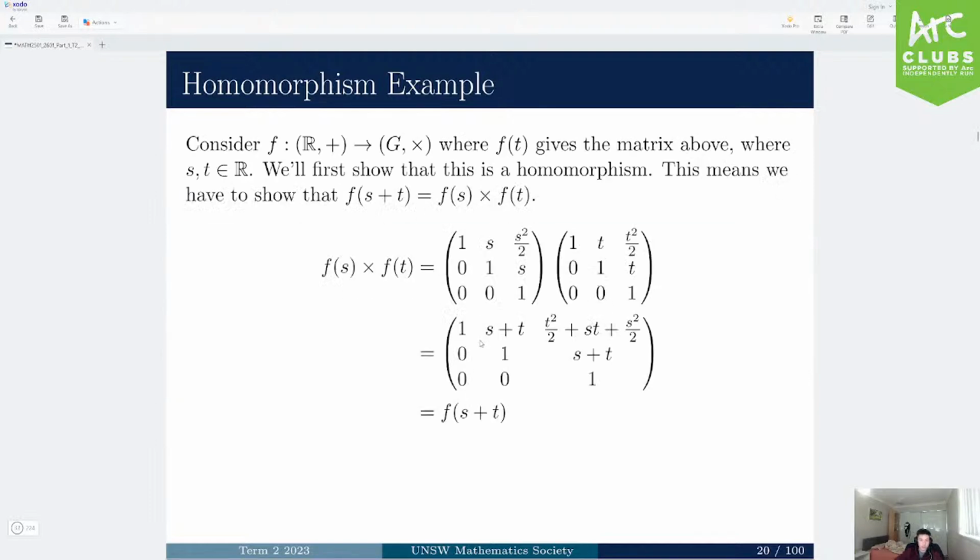So if we write it out, f of s times f of t is going to be this multiplication here, and if you expand it out, we get this expression here, which turns out to be f of s plus t. And this is going to tell you that f is a homomorphism between the real numbers and the group G.